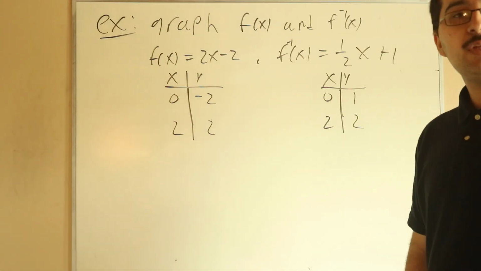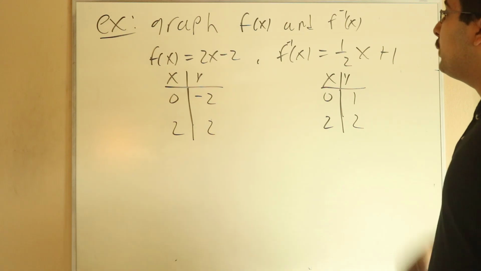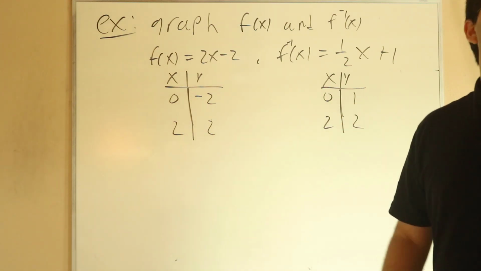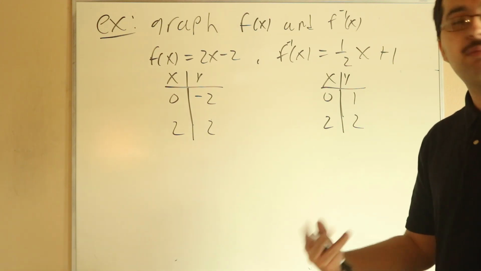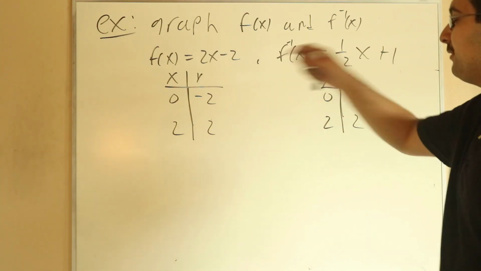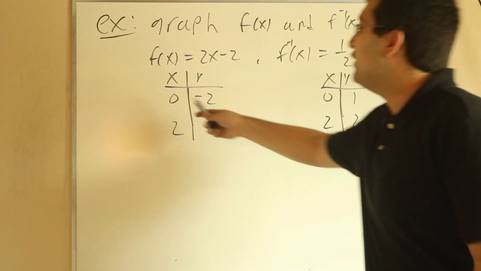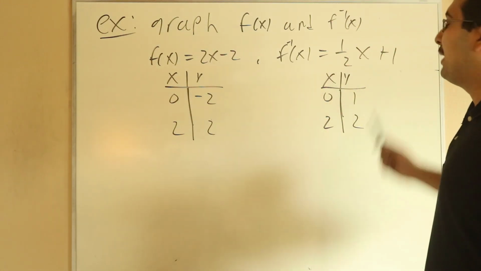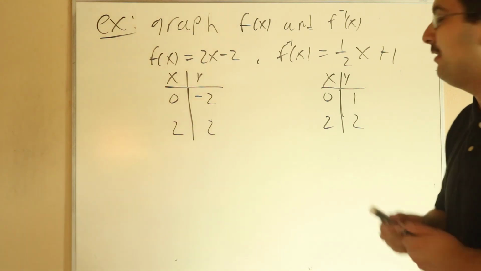Since these are both linear equations, in other words, their graphs will be lines, in order to create a sketch of these lines, at minimum we need 2 points each. So we'll take the following 2 points. We're going to get the points 0, negative 2 and 2, 2 for f, and the points 0, 1 and 2, 2 for f inverse.